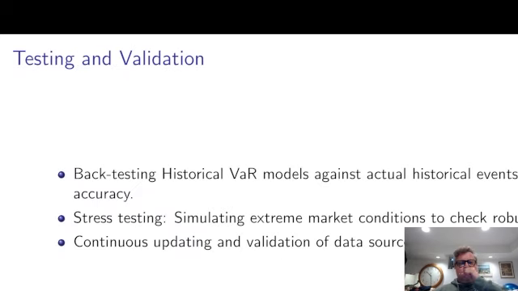So for historical VaR, and also for the other models, back testing should be applied. Back testing means that I look at my actual P&L, my clean P&L actually, and I see if my historical VaR is really consistent with my actual observed results.